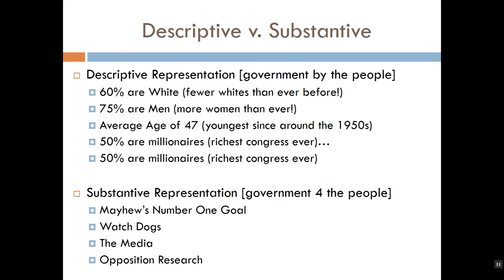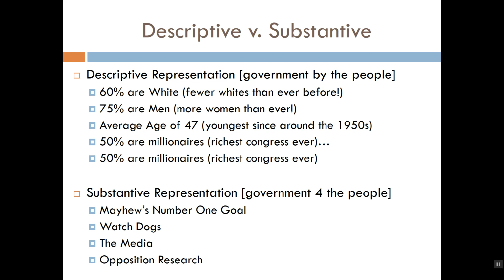It is worth noting that we have the most diverse Congress that we've ever had, that it is better at providing the general public with descriptive representation, but as the statistics on your slide show, there's still a lot of room for progress, and this is especially true when we're looking at the overall income of people in Congress. About half of all of the people across the House and Senate are going to make at least $1 million per year.